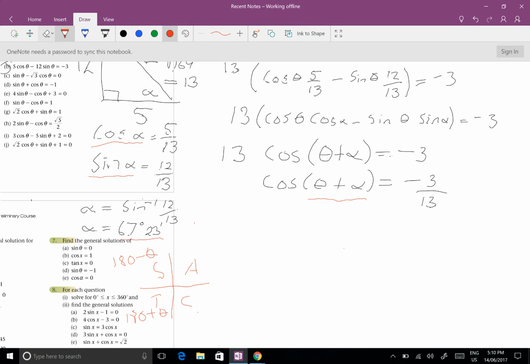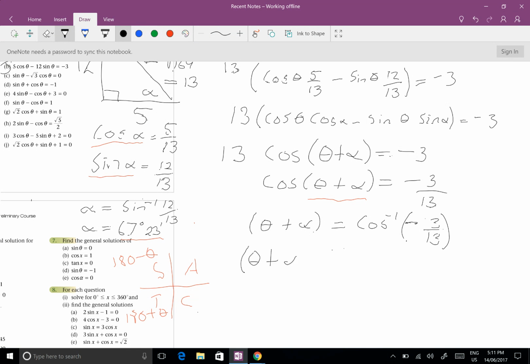So if we find the acute angle, so we could just go, all right, theta plus alpha equals inverse cos. Now I'm going to leave the negative there, but when I do it on my calculator, I'm just going to type in 3 on 13, and then I'm going to know what I've got to get by going 180 plus whatever the acute angle is.